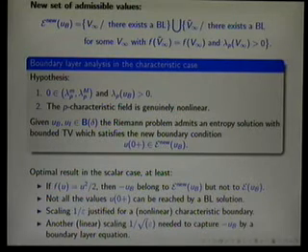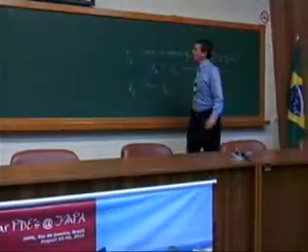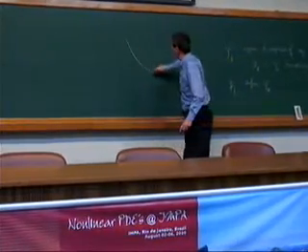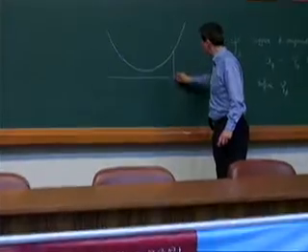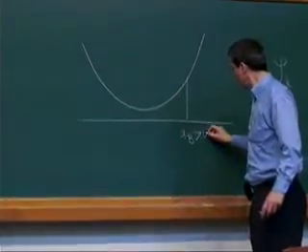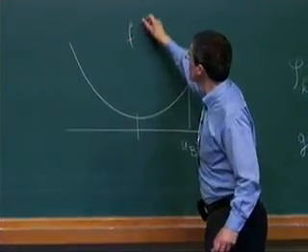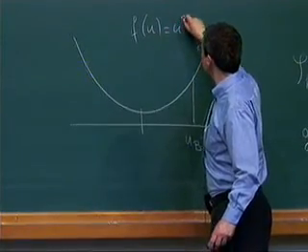Things work nicely. The typical picture for the scalar case is when you have a convex flux and you impose a data which I call UB, which is positive. So this would be the case where the flux is equal to U squared.